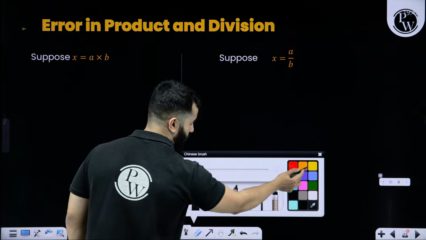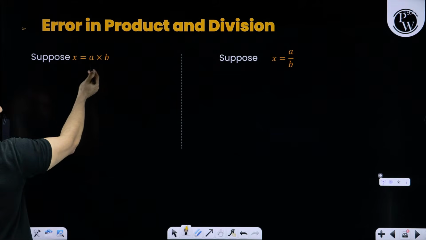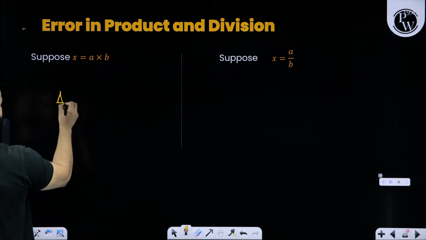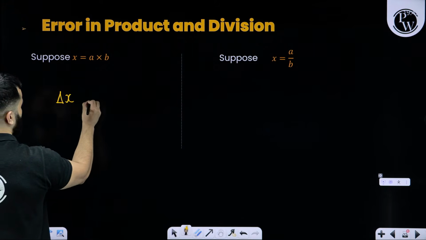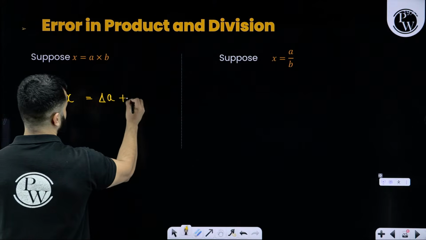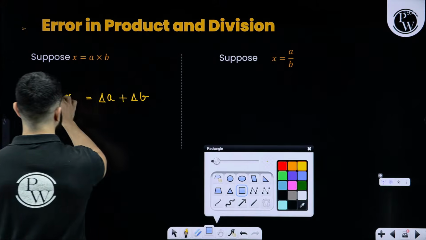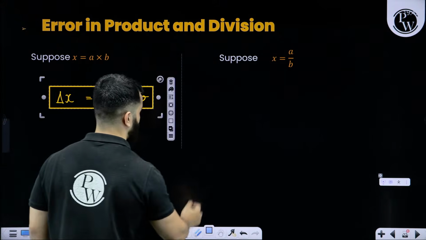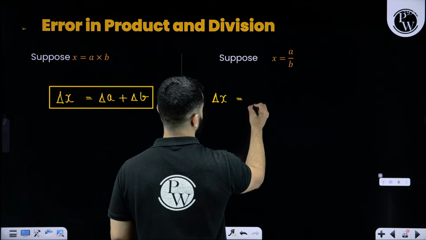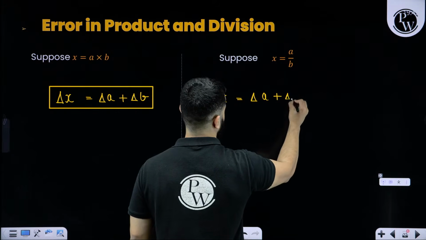When you talk about error in product, error in A is delta A, error in B is delta B. So delta X is going to be delta A plus delta B.